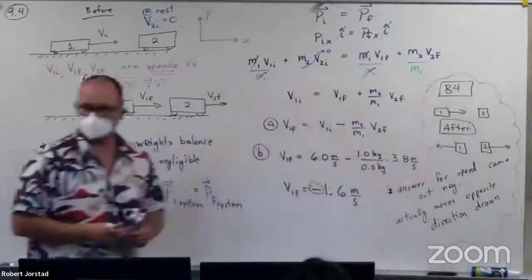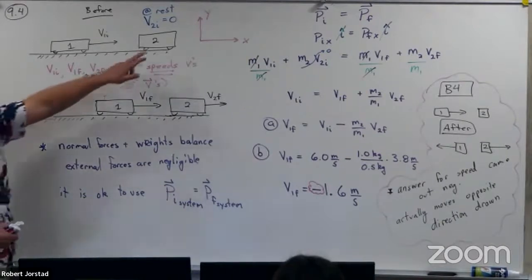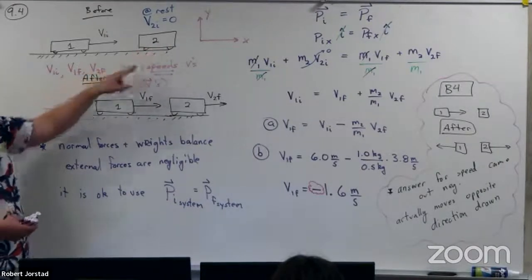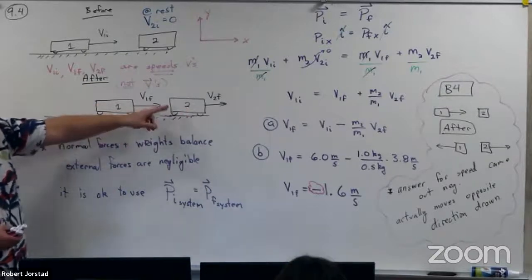Did that make any sense at all? Think about this: 2 is on rollers, right? And we can do this. So it's going to move forwards. Now, what is V2 final, right?